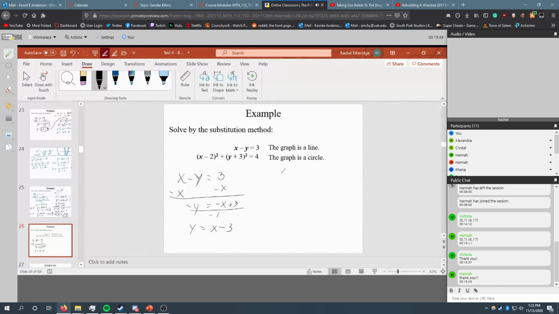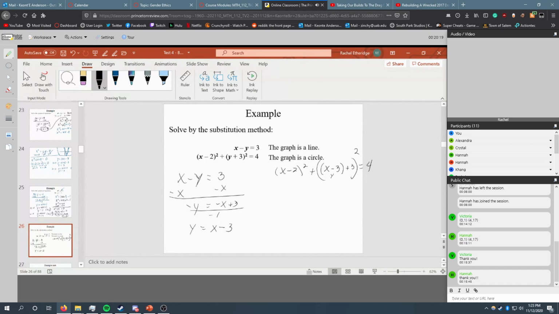So I'm going to write my circle equation over here. And inside of this parentheses, I'm going to replace y with x minus 3. So I'm going to use a double set of parentheses here for just a minute. Plus 3. So I'm just showing you that inside of that parentheses, this was y.